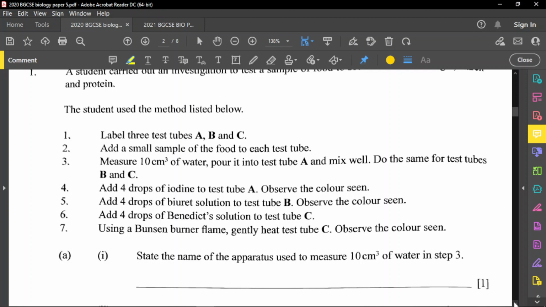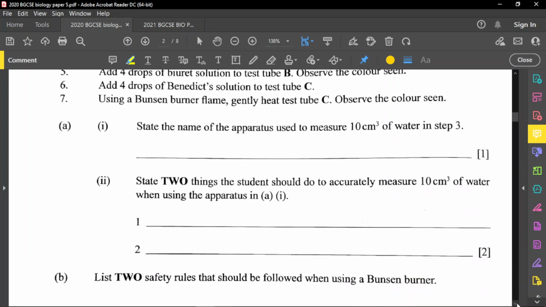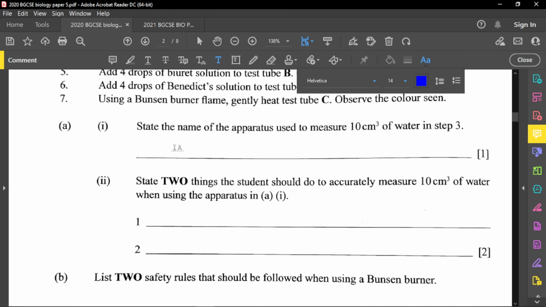Now for part A of this question, which is part A1, state the name of the apparatus used to measure 10 centimeters cube of water in step 3. The best instrument to use to measure 10 ml, which is a small volume of water, is a measuring cylinder.